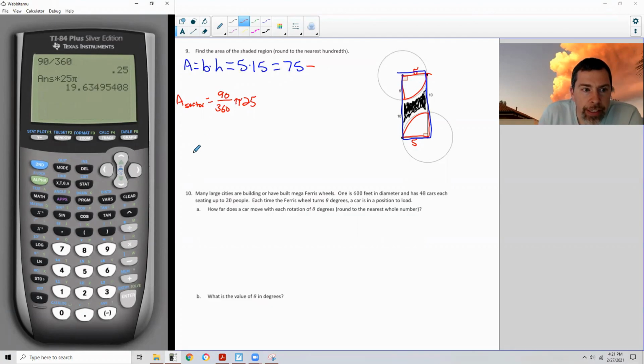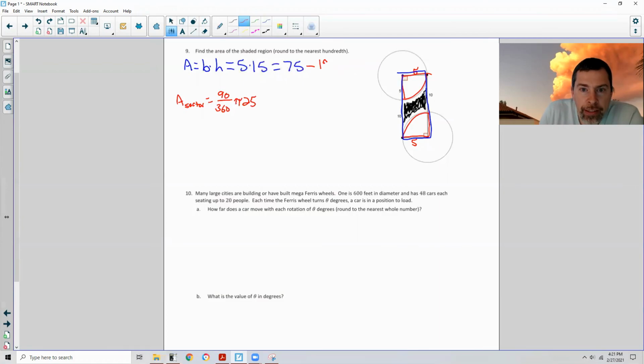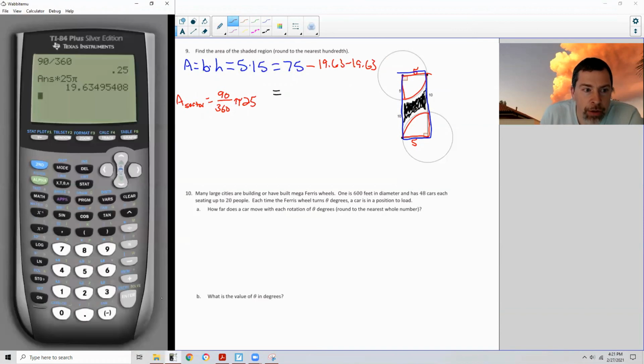Okay, so it's 19.63. That's each of those. So it's 19.63 minus 19.63, if you will. I'm subtracting two of them, and that will give me my answer. So now if I take 75 minus the answer, hopefully this works.